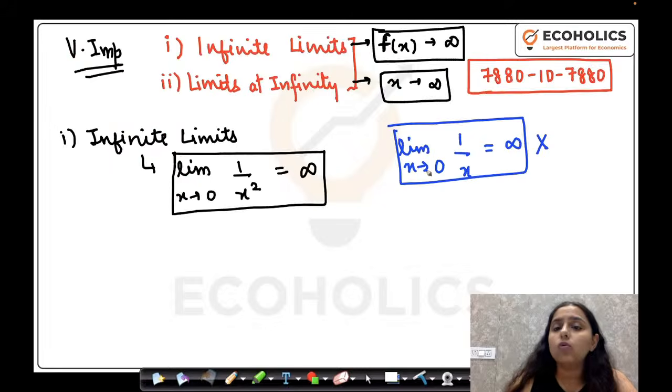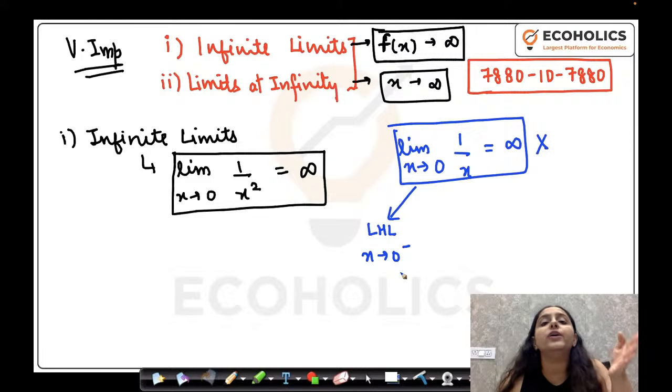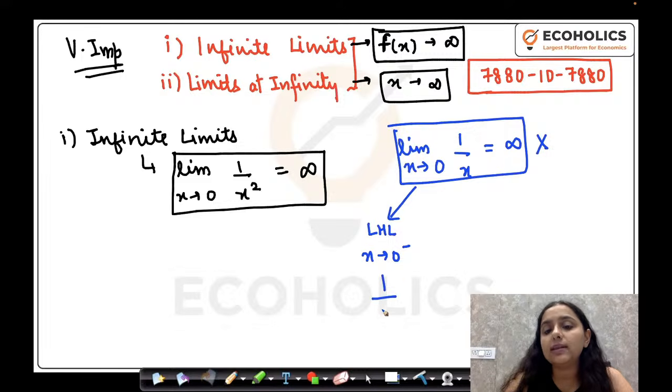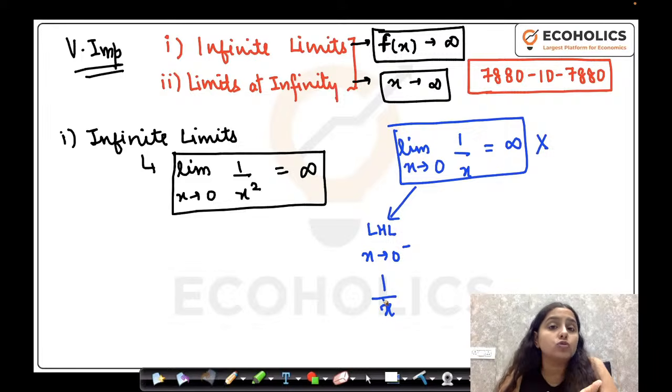So when I now talk about this, देखो इसमें left hand side limit means x approaches 0 but from the left side of 0, which means x can be a negative number closer to 0. So in that case, because x is a negative number, 1 upon it, but it will be very close to 0, such as minus 0.001. So minus की वजह से I am going to get minus infinity here.